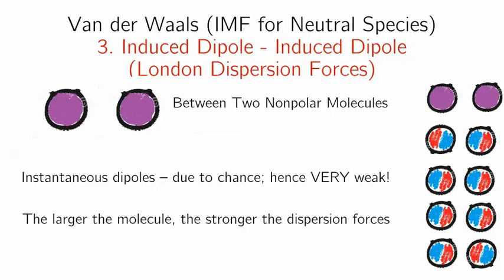The last one would be when I have two non-polar molecules where they both have to induce. This has to do with just chance. If I look at a non-polar molecule and take a picture of it with a tiny little atomic camera every microsecond or nanosecond, the charges inside distribute and move around randomly. This is not very random, but imagine the red goes up, the blue goes down, and it just spins around all over the place.